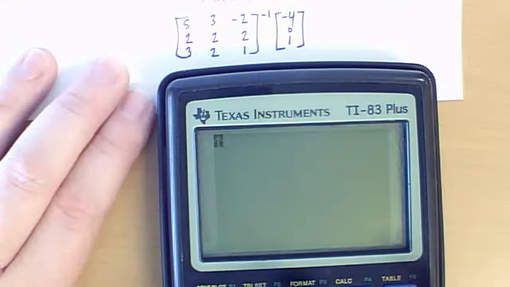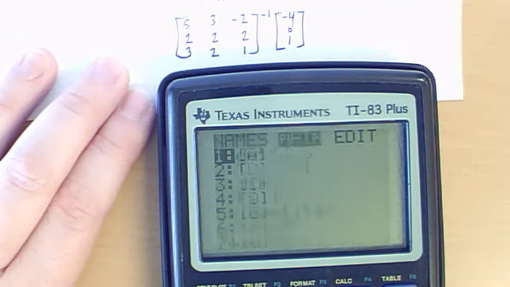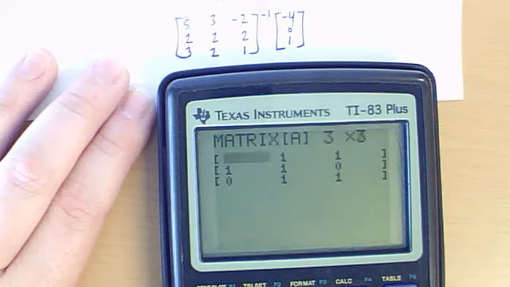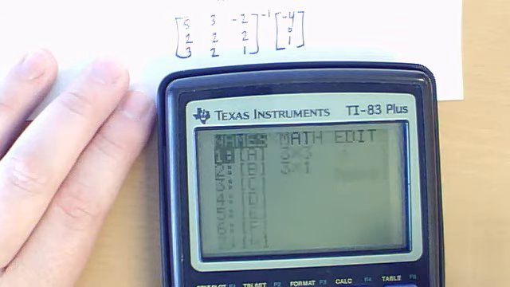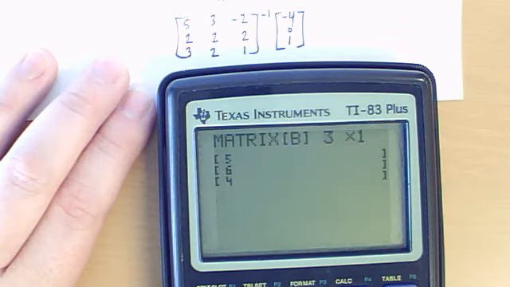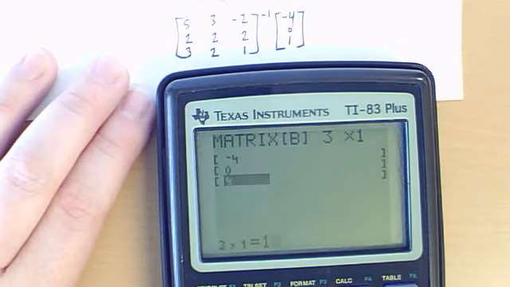Second matrix, edit. It is a 3 by 3, so if we put this in, 5, 3, negative 2, 2, 2, 2, 3, 2, 1. Let's edit B. It's a 3 by 1. And then it's negative 4, 0, 1.